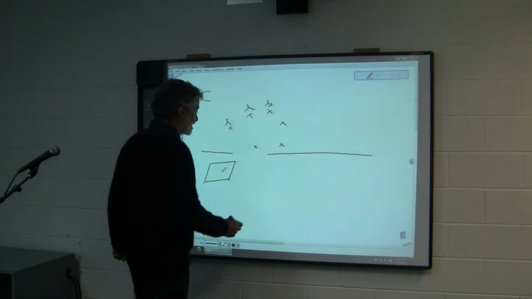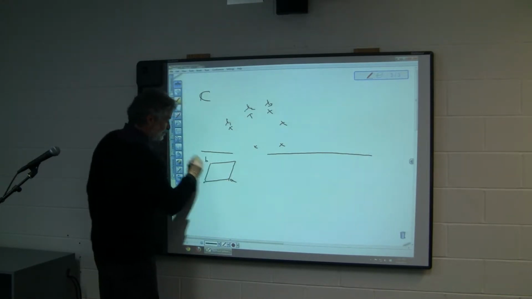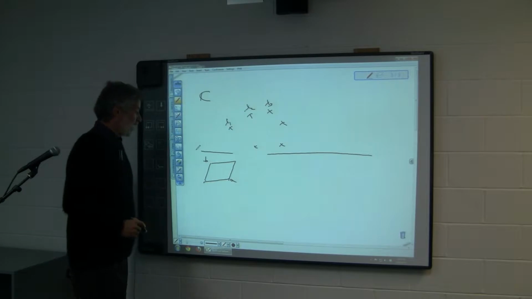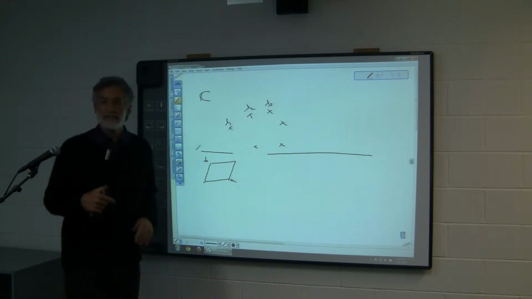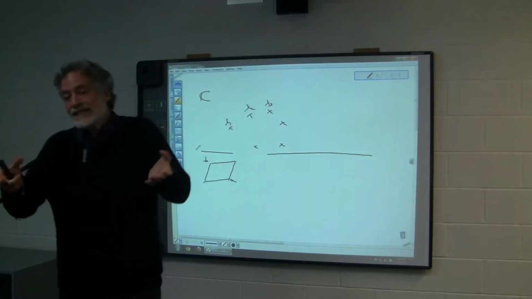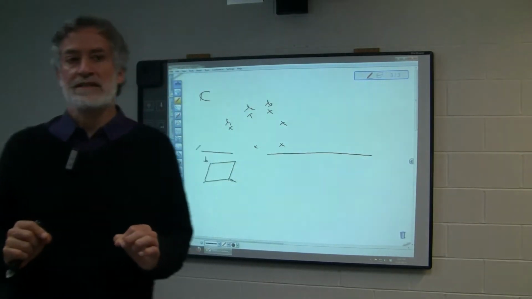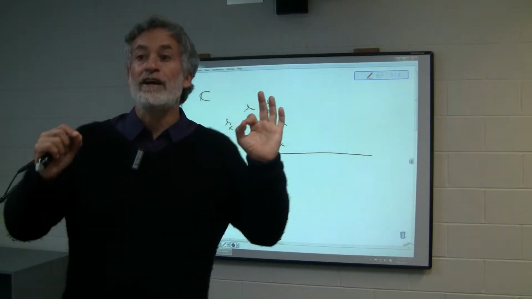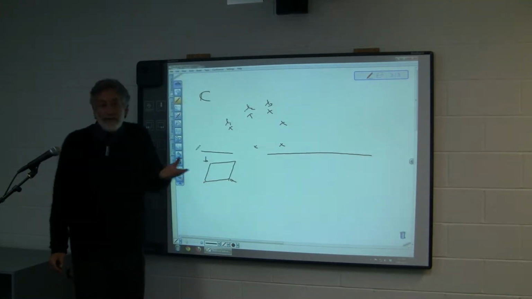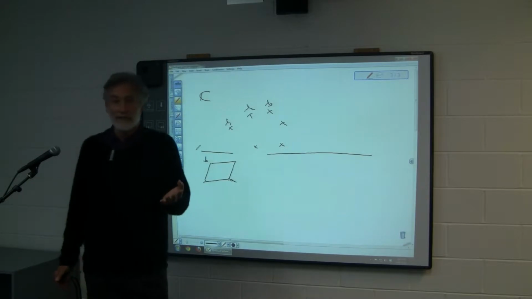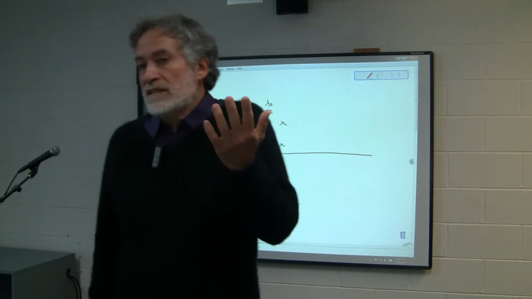Another way of saying it is we take a lattice. We take two complex numbers, A and B, and we take the quotient of the complex plane by the abelian group generated by A and B. We choose them to be linearly independent over R, so they form a lattice, and then they generate an abelian subgroup of C, and we can take the quotient of C by this abelian subgroup.